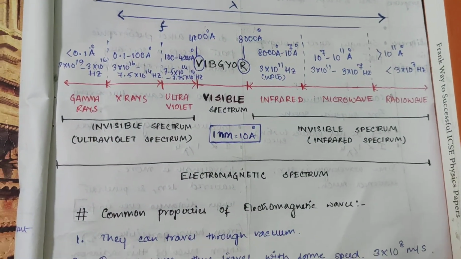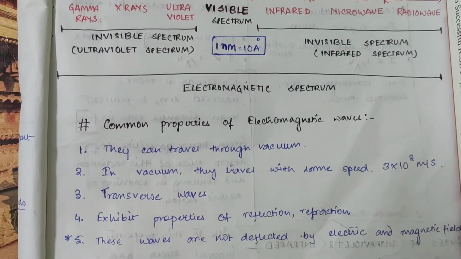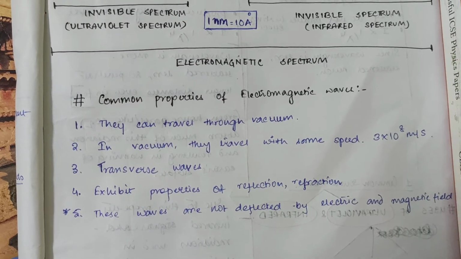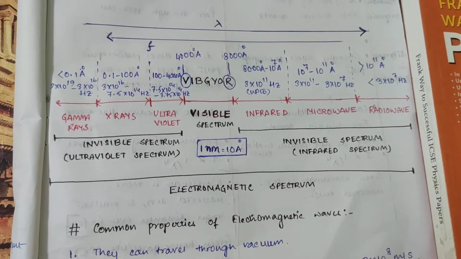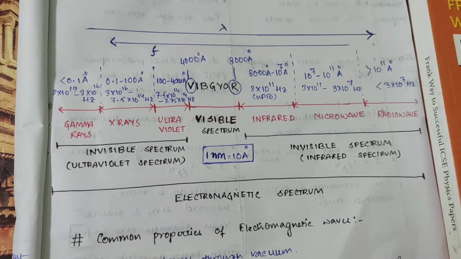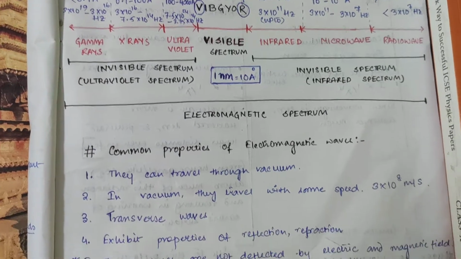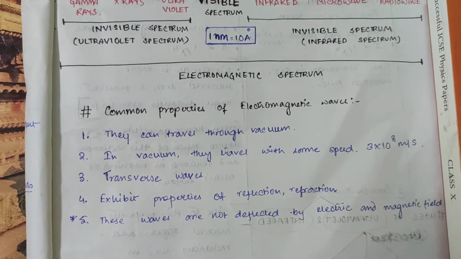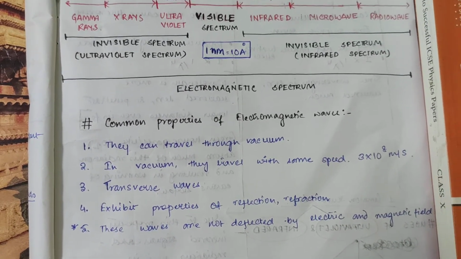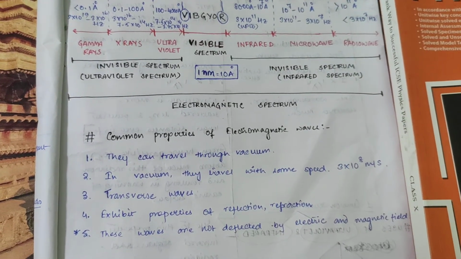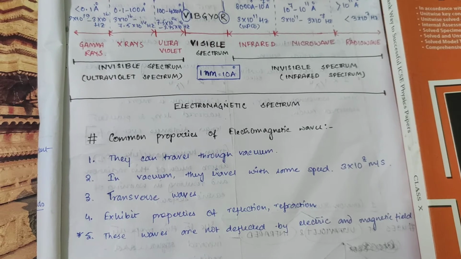Okay. So now, let's look at the common properties of electromagnetic waves. The waves in this region, the electromagnetic spectrum, constitute the electromagnetic waves. The common properties of all these electromagnetic waves are, they can travel through vacuum, right?